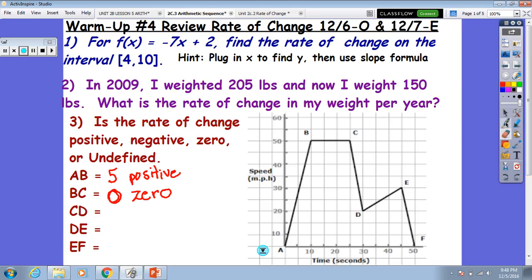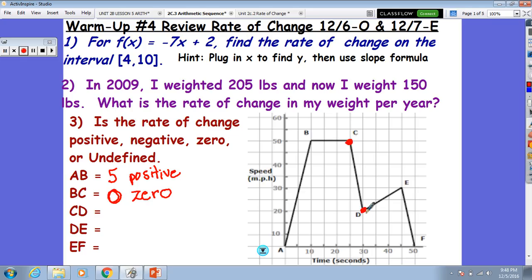All right, and let's look at from C to D. All right, so if I do rise over run, we're counting how many units I have to go up, starting at D to get to C. And notice this time that we are running to the left. So I'm still using rise over run.